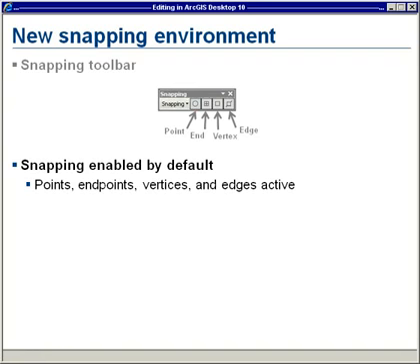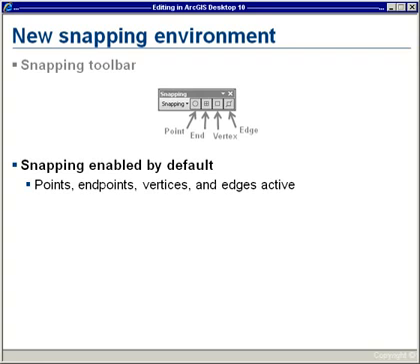We can turn off any type of snapping that we don't need, but all the snapping types are enabled by default, and also snapping is enabled by default. As you've seen in the demo, we can also set the snapping tolerance. We do that here from the snapping menu, go to the options, and also have some different options for the snap tips.